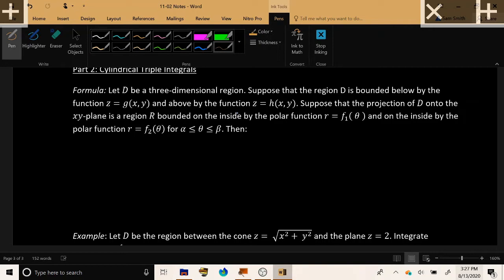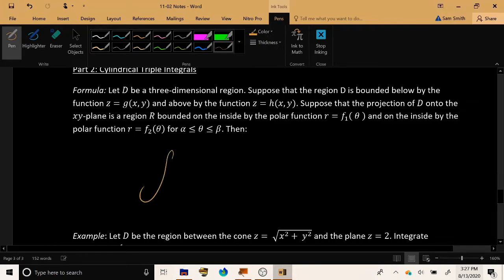So if you're in the position where you have a top surface and a bottom surface, z as a function of x and y, and then the shadow on the xy plane looks like something you can easily describe using polar coordinates, you can set up your iterated triple integral using cylindrical coordinates, dz, dr, d theta.